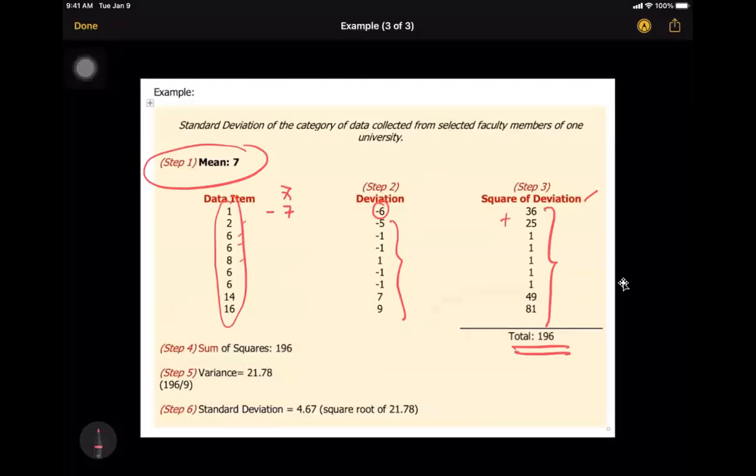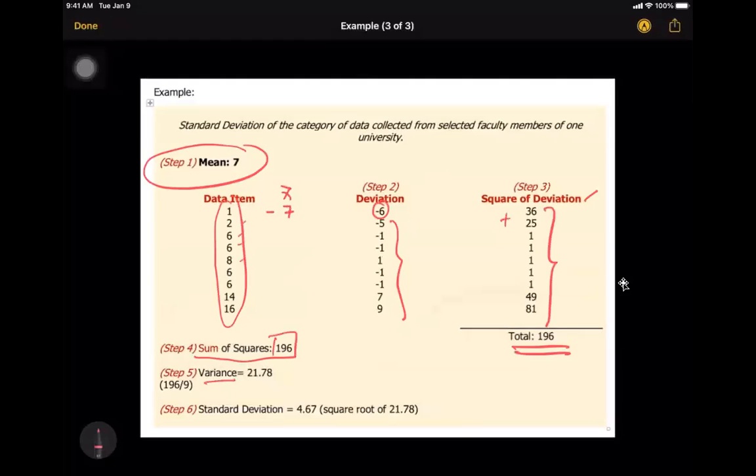Once you get all the squares of the deviation, you look for the sum of squares. That's 196. After that, you get the variance. How do we get the variance? We divide the sum of squares by the number of data items.